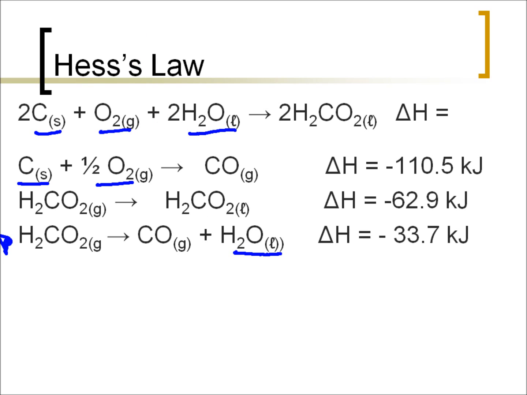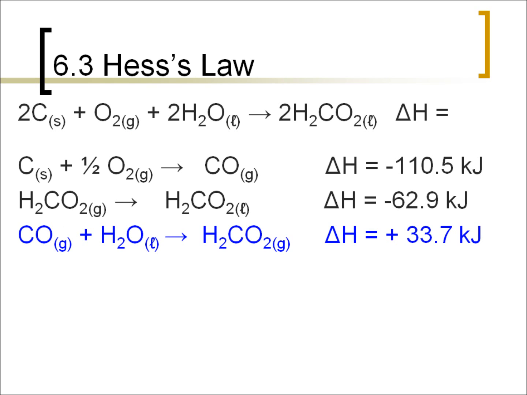So to save some time, I'm going to flip it, and I change it to a different color just so you can see visually that I flipped the reaction. And remember, whenever you flip a reaction, you have to change the sign on the delta H. Now that I flipped it, I have to make sure that my elements all balance out.